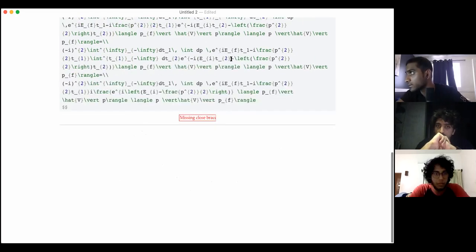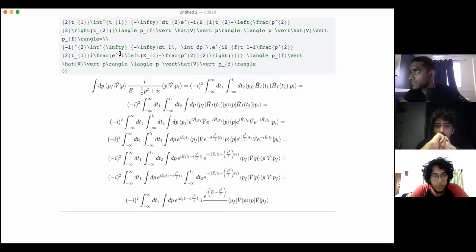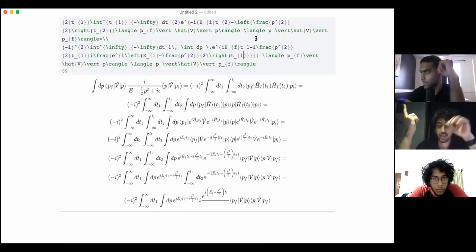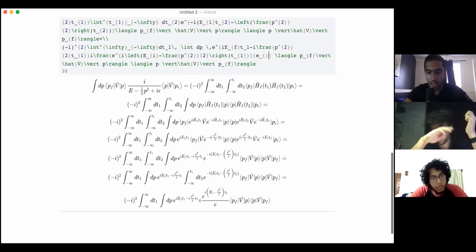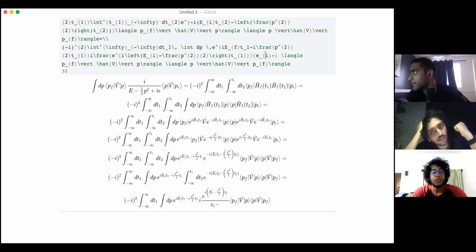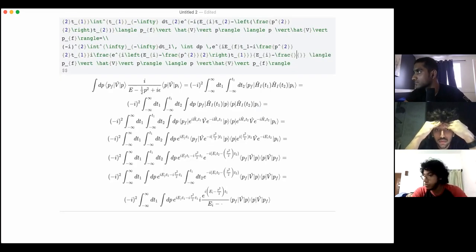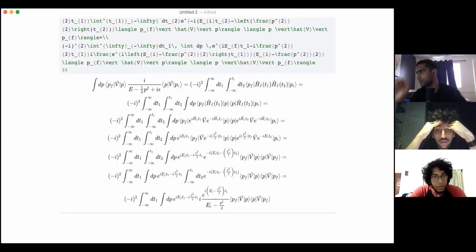Oh yeah, there is a T2. You're absolutely right. But I was more anxious about getting this bracket down. Sorry, there's a T1, because we did the T2 integral and the integrals from minus infinity to T1. Very good. E to the i minus T square over 2.